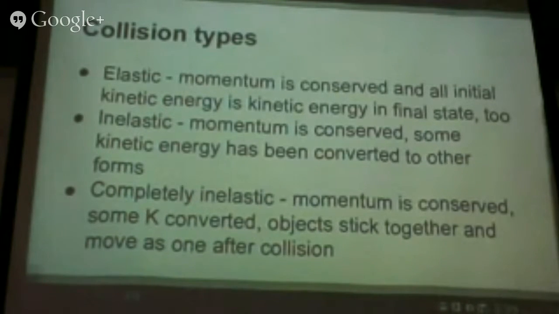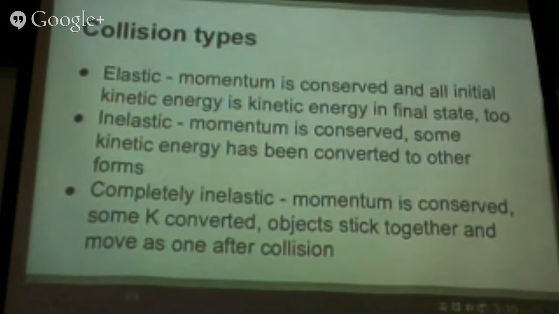With momentum, we dealt with a lot of different collisions. And we talked about different types that varied in terms of how much energy we have transferred from kinetic to other types. If we have an elastic collision, that means whatever energy we start with as kinetic energy ends as kinetic energy also.